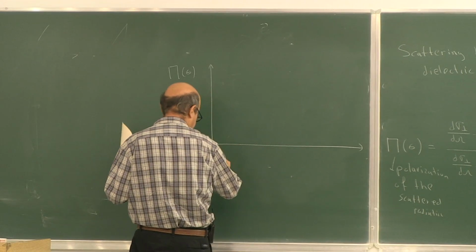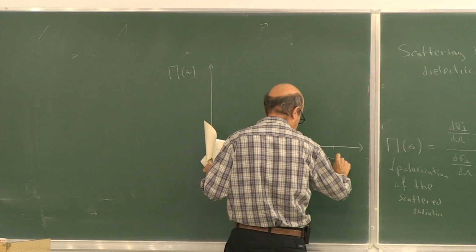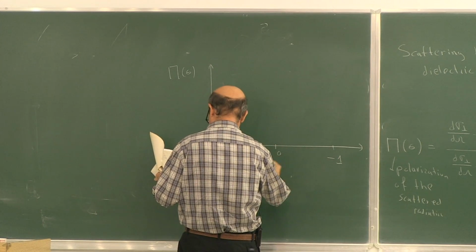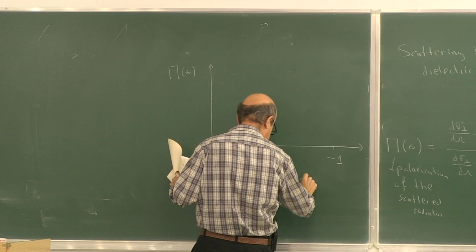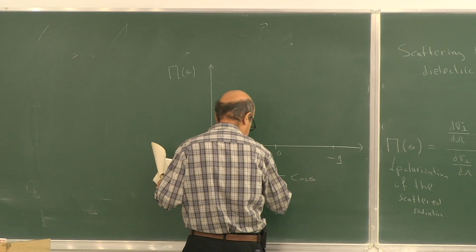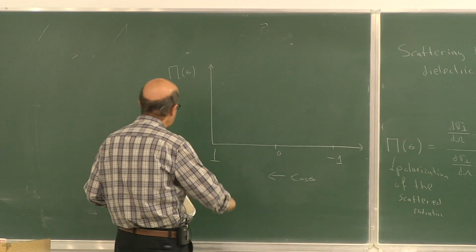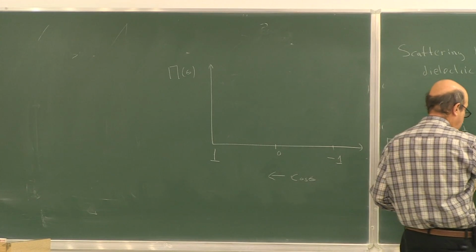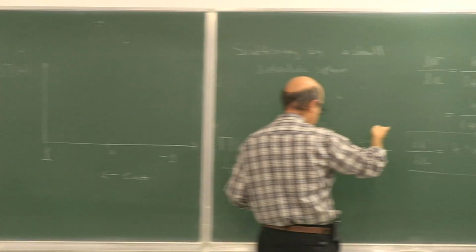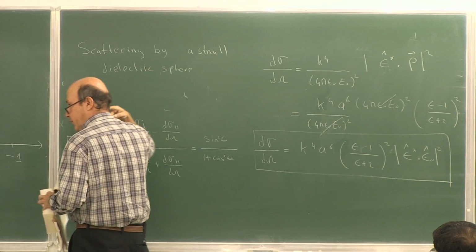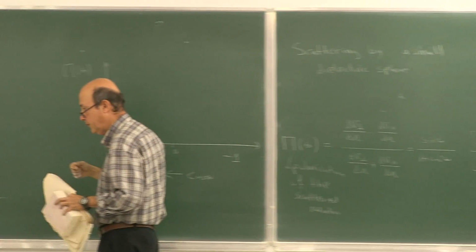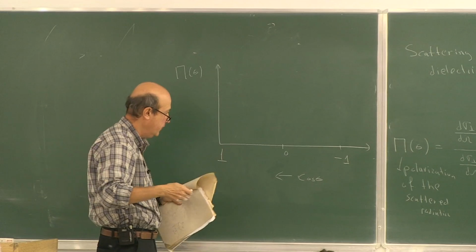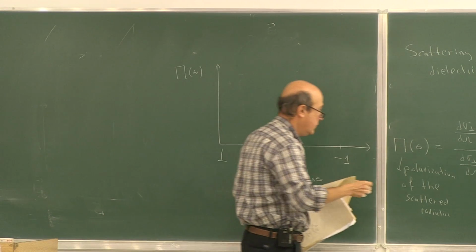This is 1, this is minus 1, and this is 0, and let us say this is cosine theta. So for the polarization, when the angle is 0 for forward, and when the angle is 180 degrees for the backward, the polarization is 0.